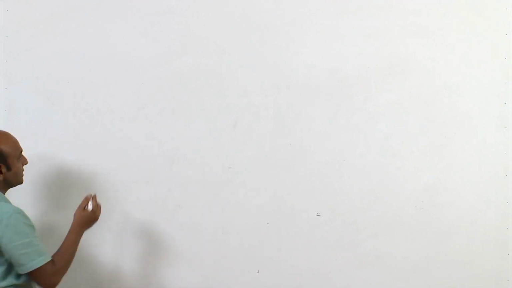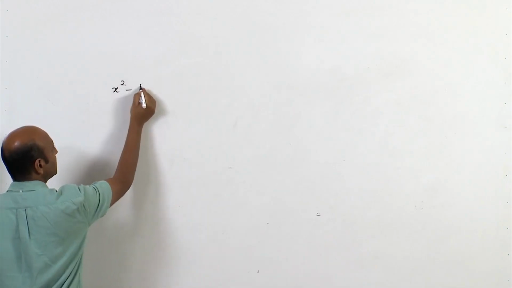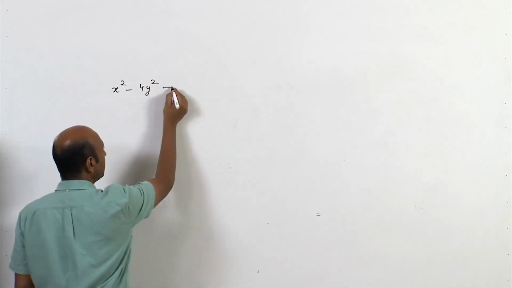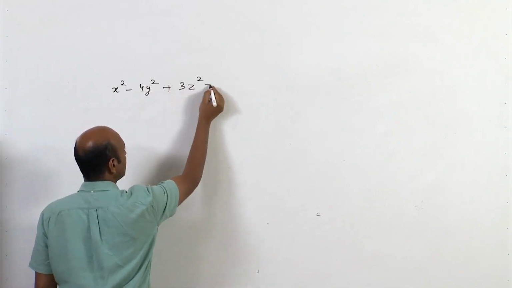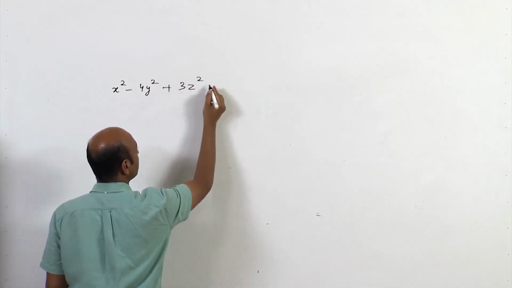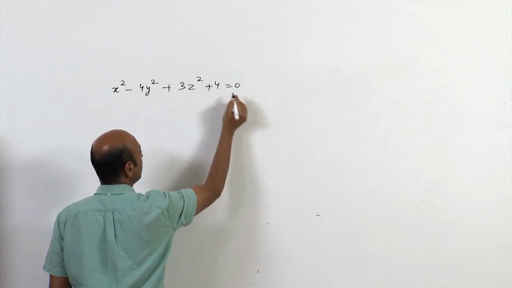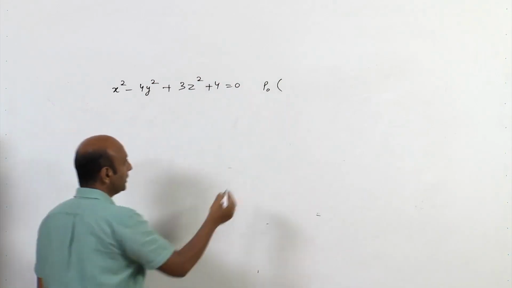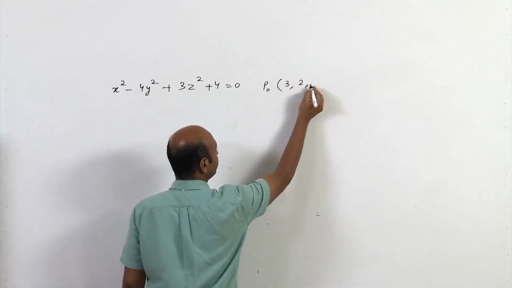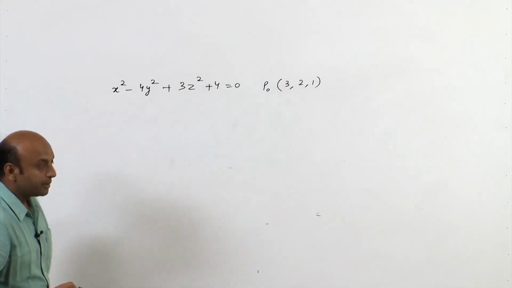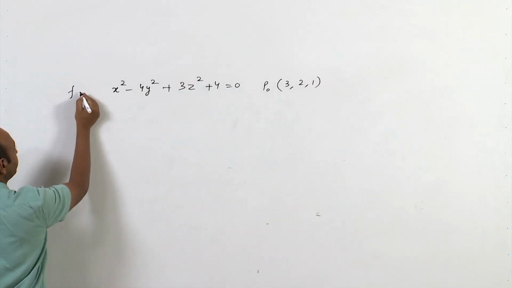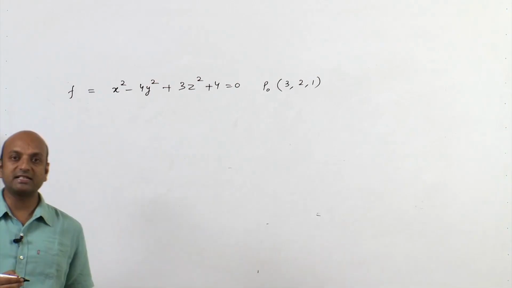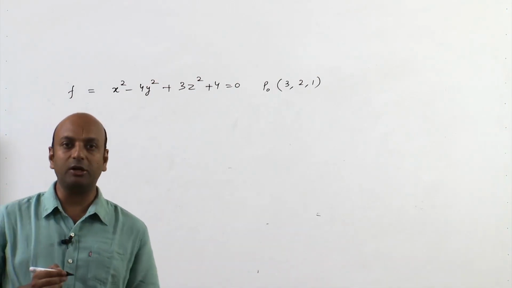The first problem is x square minus 4y square plus 3z square plus 4 is equal to 0, and the point P naught is (3, 2, 1). So this is basically f. Now, you have to find the equation of the tangent plane and normal line at the point P naught.